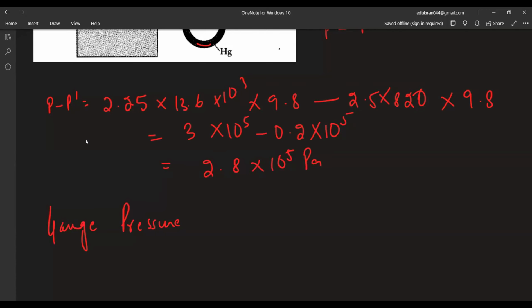The gauge pressure is the absolute pressure minus the atmospheric pressure. This is still equal to 2.8 into 10 to the power 5 pascals, because this is exactly what we have calculated here. So they are the same.